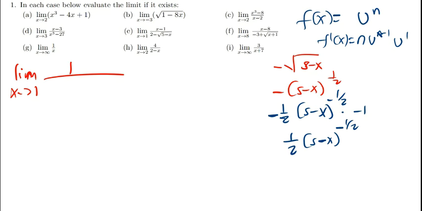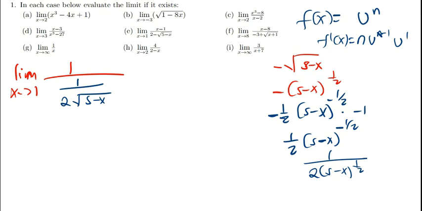Now I have to shift this to go on top to remove the negative power. So it's going to be 1 over 2 times 5 minus x raised to the power half, which is the same as 1 over 2 times the square root of 5 minus x.